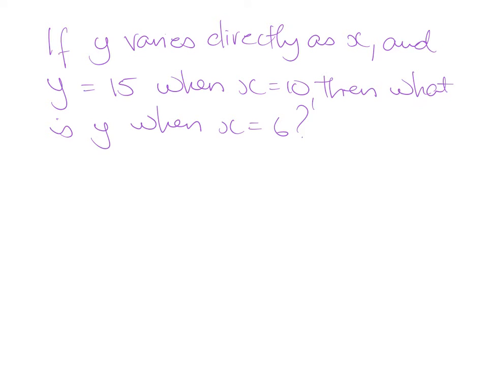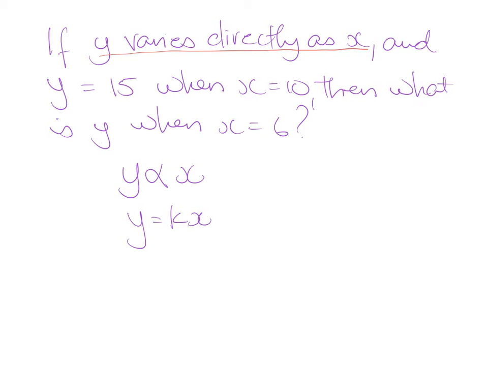Okay, so let's go through. The first part is we see that y varies directly as x. So we know it's proportion we're dealing with, and we know how to turn that into mathematical symbols. So y is equal to some number by x.